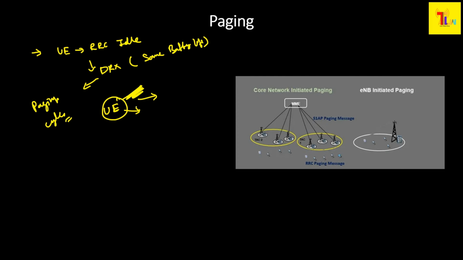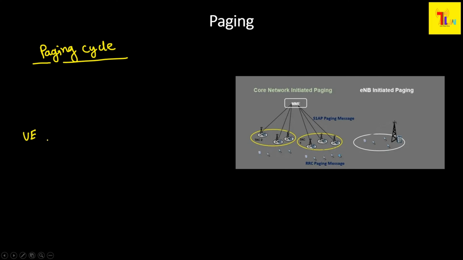So now the new term that I have told you, the paging cycle. What exactly is the paging cycle? In a very simple manner, suppose a UE is there.